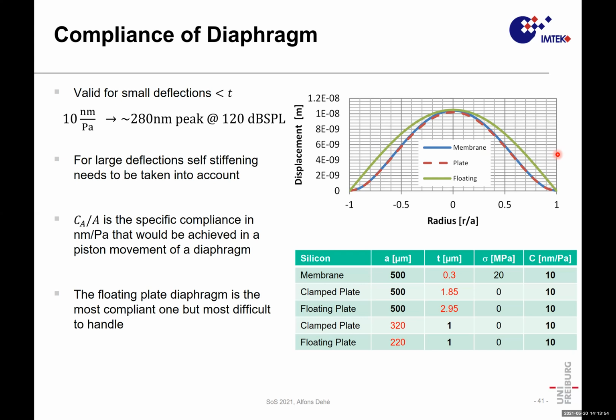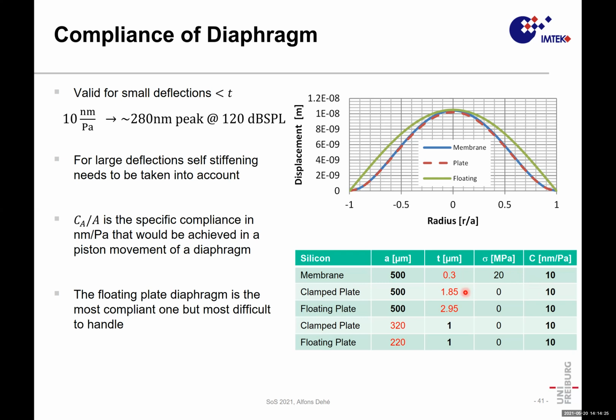And it's just a simple comparison. If you had a silicon diaphragm, really a plate with some stress, 20 megapascal stress is very low, already a good low stress in a tiny diaphragm, 300 nanometers thin. With this, we generate 10 nanometers per Pascal easily. If we want to achieve the same sensitivity with a plate which is stress-free, it would be nearly 2 micrometers thick.